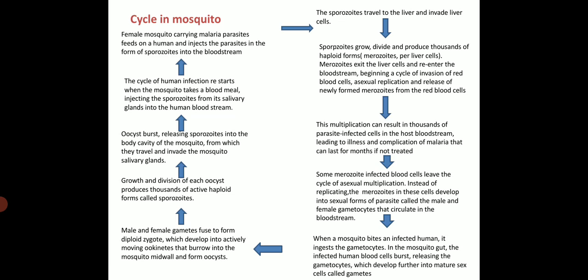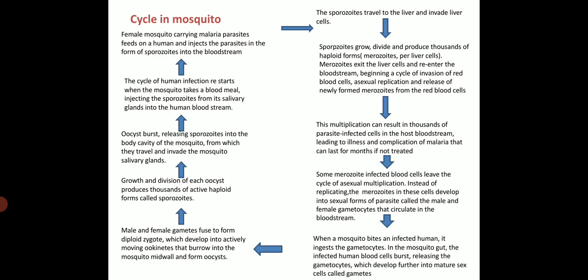And these merozoites exit the liver cells and re-enter the bloodstream and start the invasion of the blood cells, where asexual reproduction takes place and newly formed merozoites are released from the red blood cells.